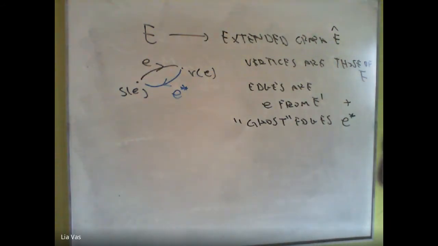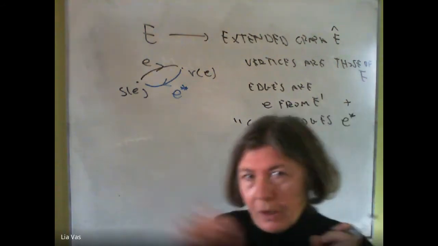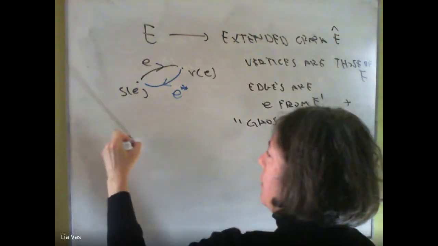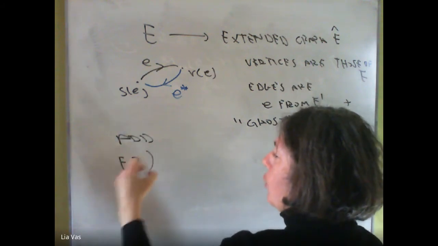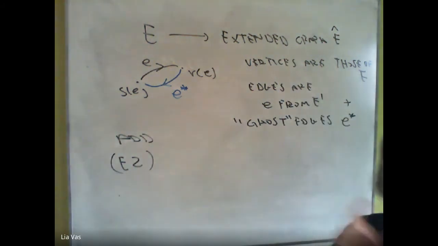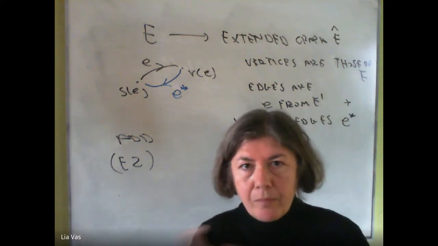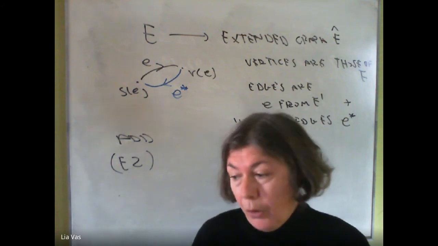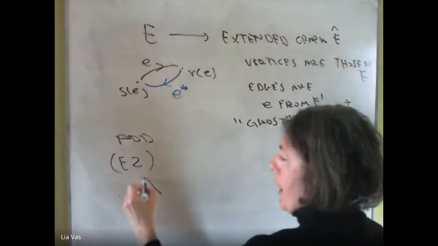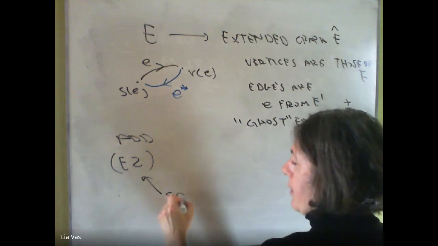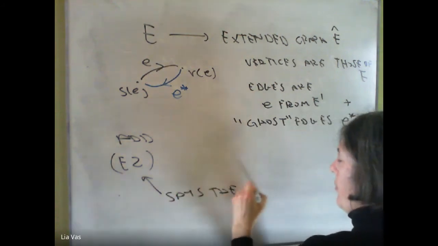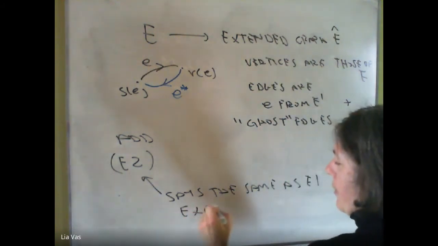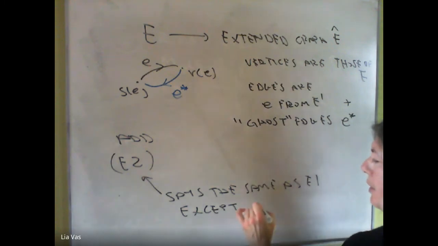And then to make the concatenation of ghost paths natural, you are adding an axiom called E2. So E1, if you remember, deals with edges, and E2 now is going to deal with ghost edges, and it's pretty much going to say the same thing as E1, except that it is for ghost edges.